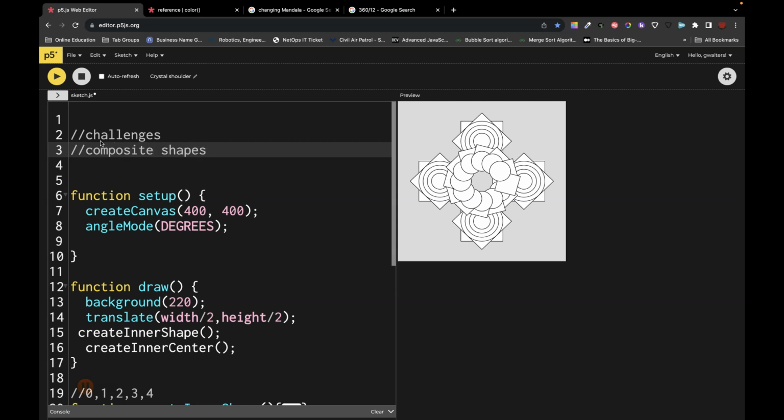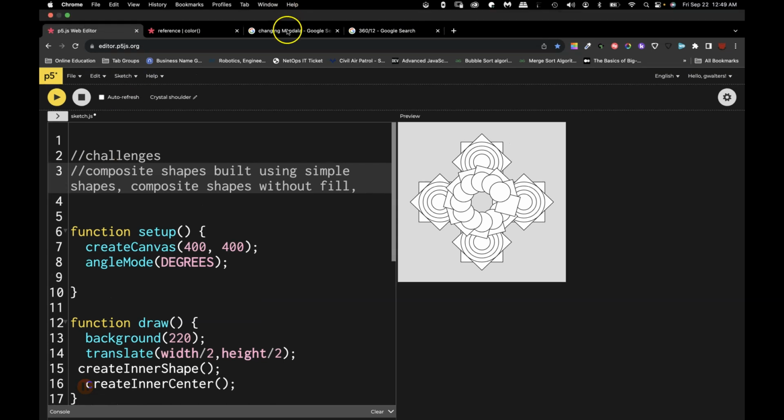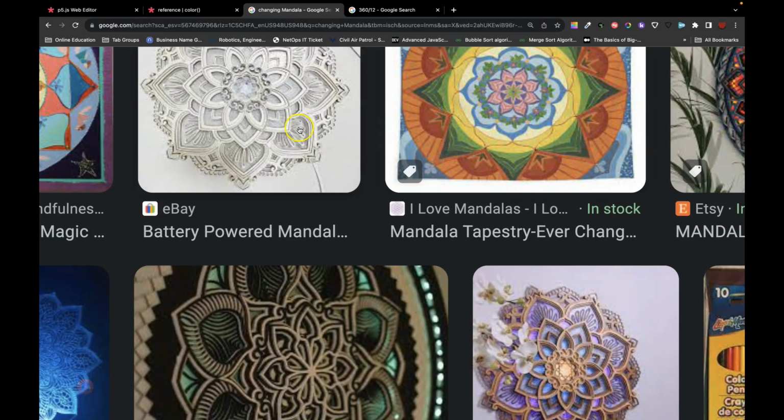I want to see these composite shapes built using simple shapes, their own composite shapes where you're taking the fill away, without fill, and using curves. It doesn't need to be every shape, but some of them could have curves, so you have those leaf type designs that we see. We could build those out, and again we can just go around the loop on there.